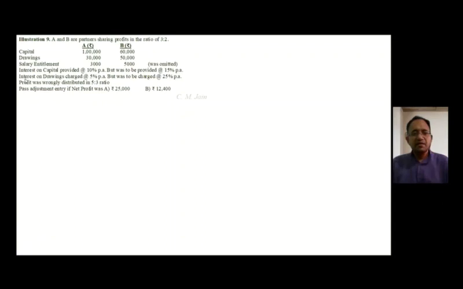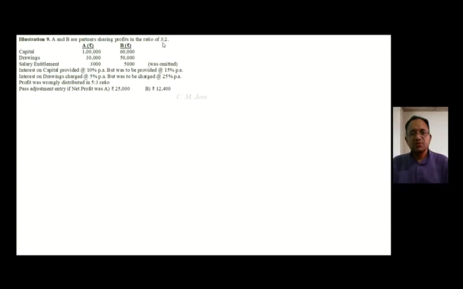Next line, interest on drawings charged at 5% per annum, but was to be charged at 25% per annum. Profit was wrongly distributed in 5:3 ratio.